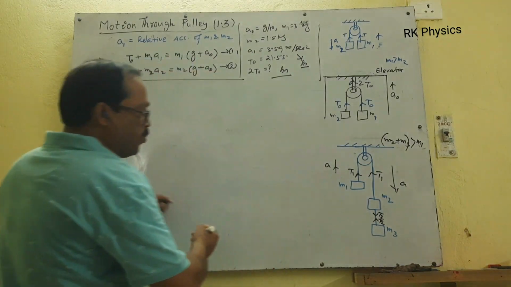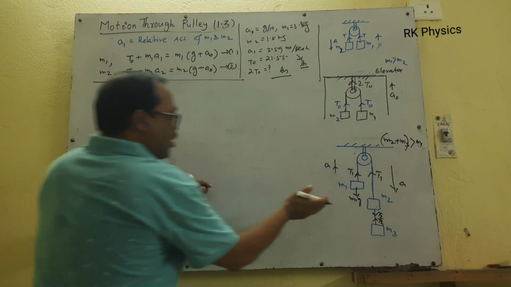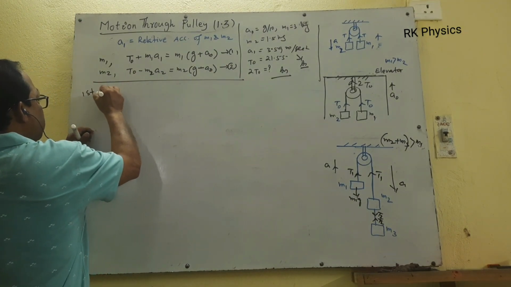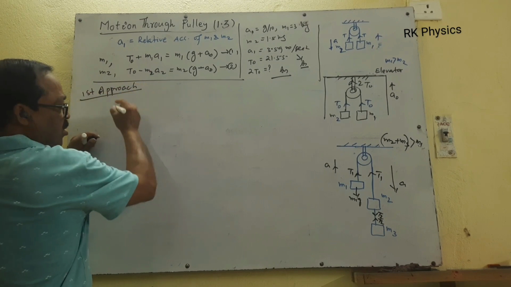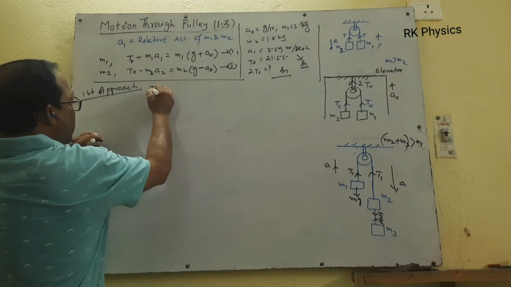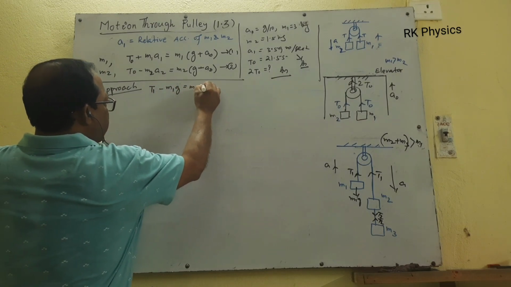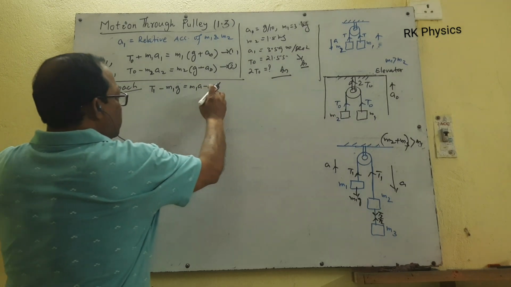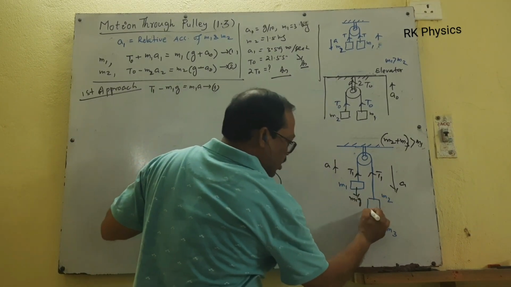Let us use the free body diagram for M1. This is M1G. It is moving up. This is the first approach, the first method. T1 minus M1G equals M1A. This is equation 1. Then come to M2.